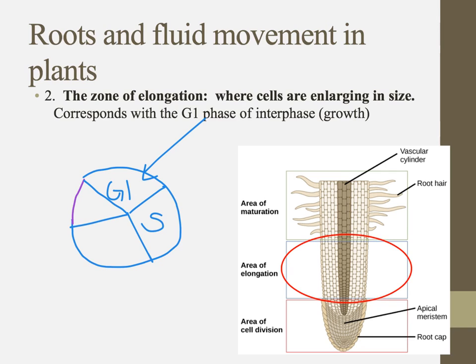S, that's DNA replication. G2, preparation for cell division. And then we have mitosis and cytokinesis. So this is our zone of cell division, okay? And then this G1, cell growth, is happening in the zone of elongation. So the cells are actually getting longer, they're getting bigger.